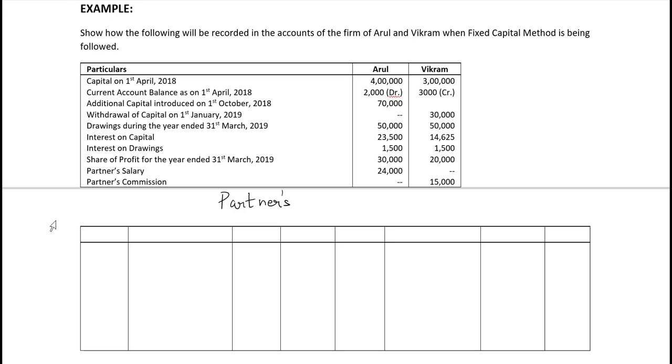Partner's capital accounts. Left side debit side, right side credit side. Date, particulars, and the names of each of them: Arul and Vikram.